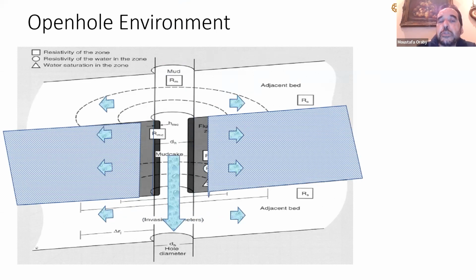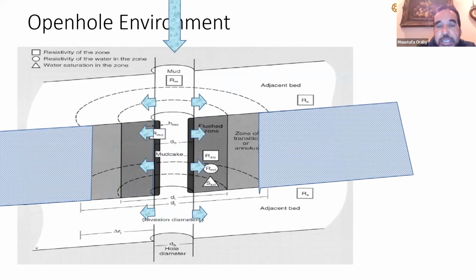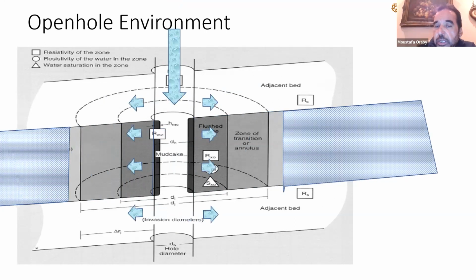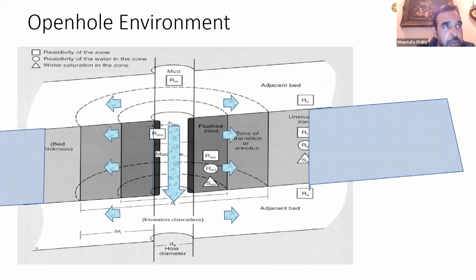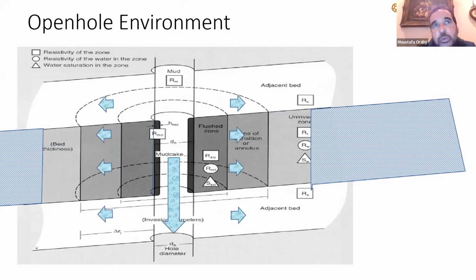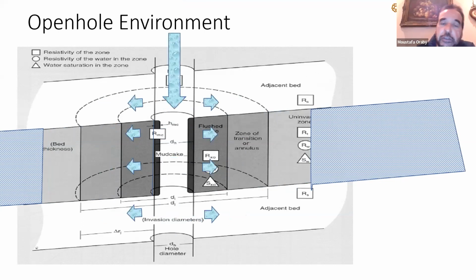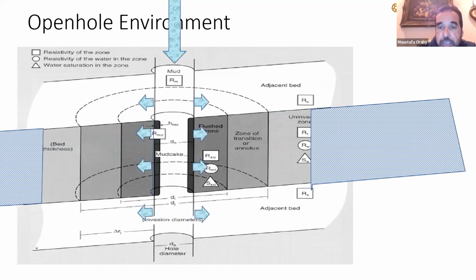You'll see multiple zones start to exist. The first one we call the flush zone. The second one we call the invaded zone. The third one is the uninvaded zone. So we have actually three zones. The flush zone is completely flushed by the mud filtrate that invaded, then a zone that has a mix between your original fluids and your filtrate, and then a zone that is not affected.